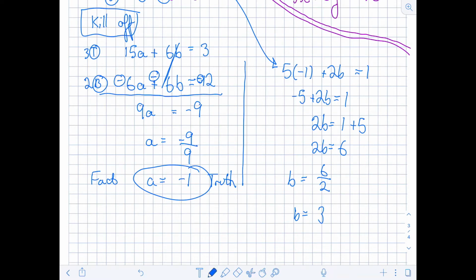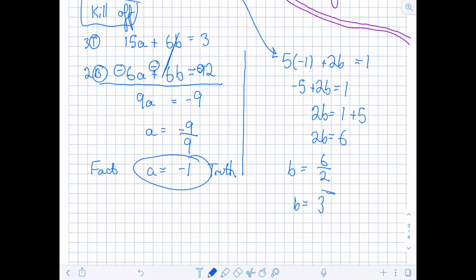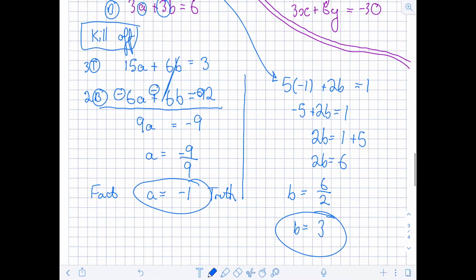So for example, to get rid of taking away 5 here, I added 5 over here. And to get rid of multiplying by 2 here, I divided by 2 there. So it's just straightforward algebra. So I now have my a and I have my b, so that's my question answered.